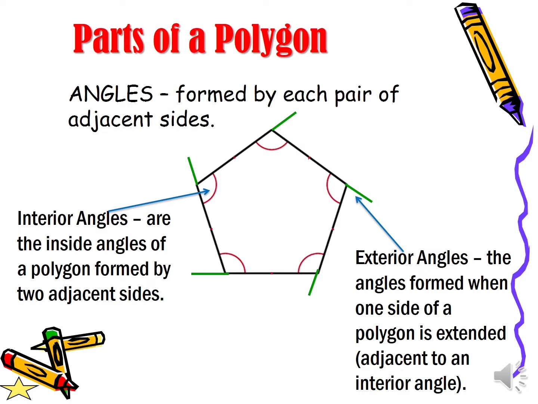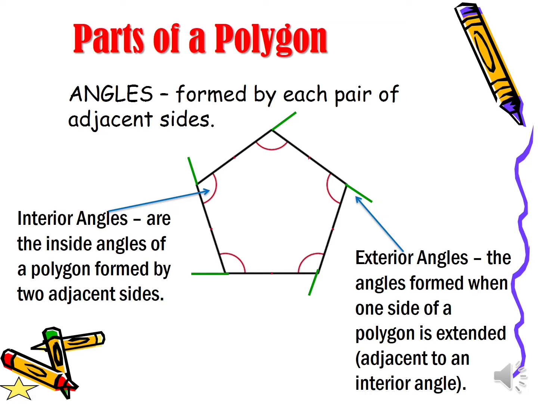The first one is the interior angle. These are angles inside of a polygon formed by two adjacent sides. So may clue tayo dito. Interior or in meaning sa loob. At ang pangalawang klase naman ng angle ay ang exterior angle.